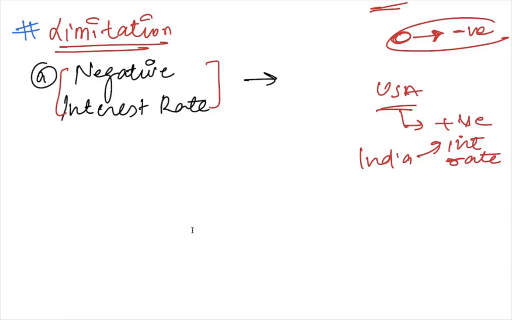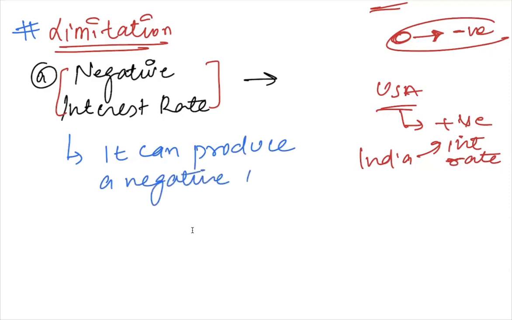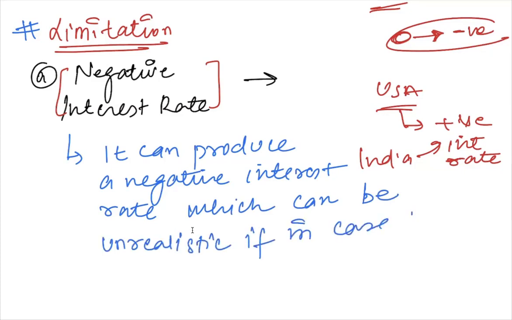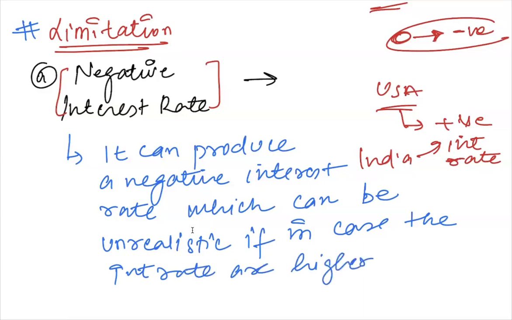So the first limitation that this model has is that it can produce a negative interest rate, which can be unrealistic if the interest rates are high.